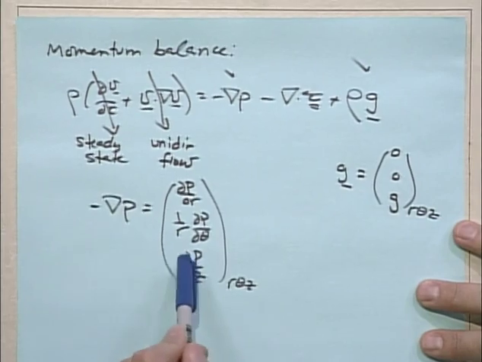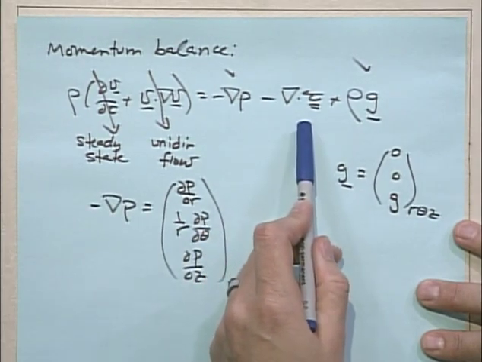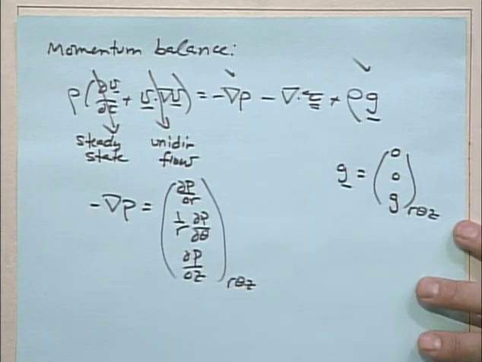So we're trying to solve for v. We're solving for v by applying the momentum balance and the mass balance. Here's our momentum balance. We have 0 equals minus del p, minus del dot tau, which we have on another sheet now, and rho g. So let's put that all together.